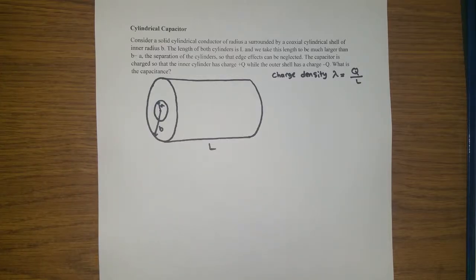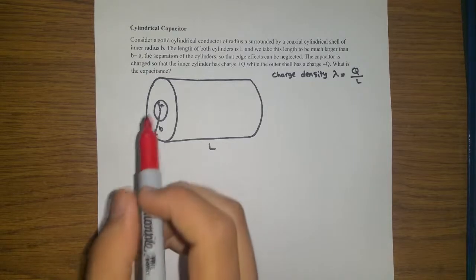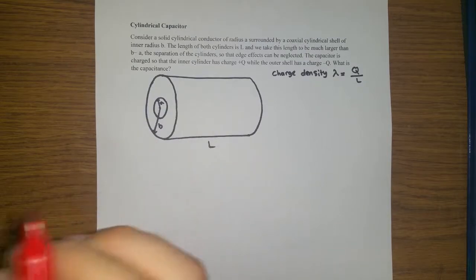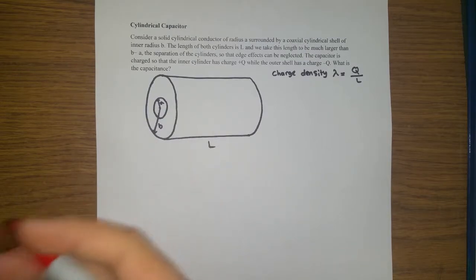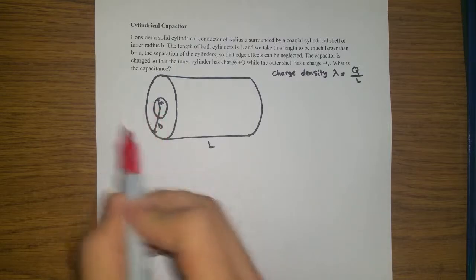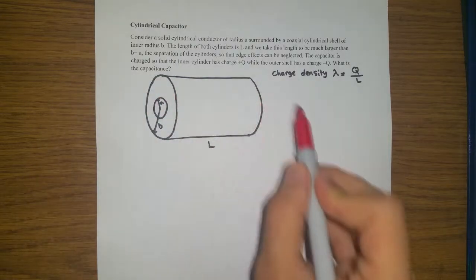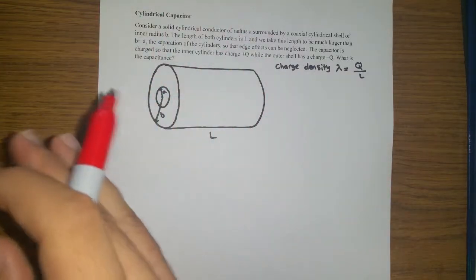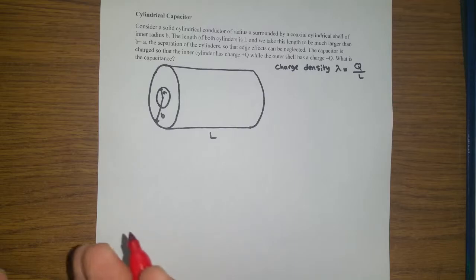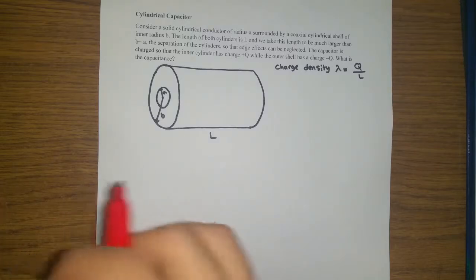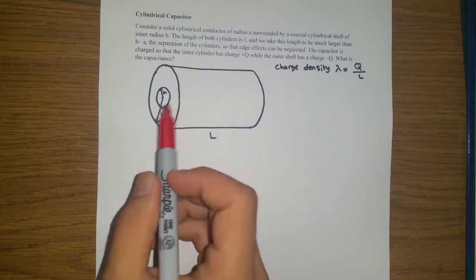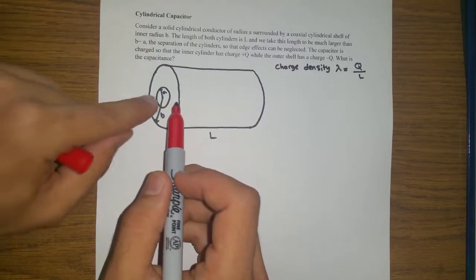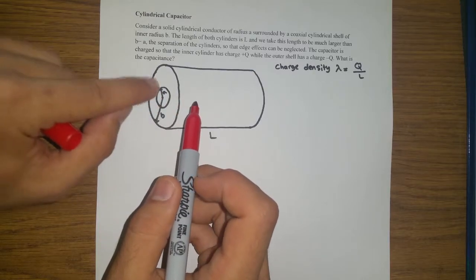We know that if we choose the Gaussian surface to be inside this conductor, then the charge will be 0 because the charge will reside on the surface of the conductor, that is outside of the conductor. So the positive charge would be outside of the conductor, and inside the charge will be 0. So we cannot choose the Gaussian surface to be inside the small cylinder.